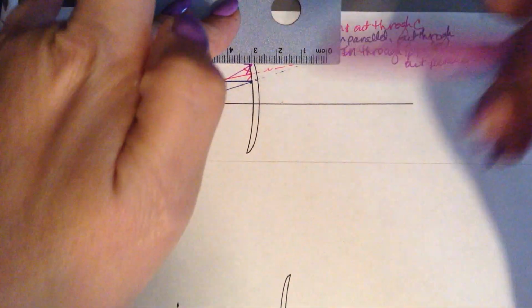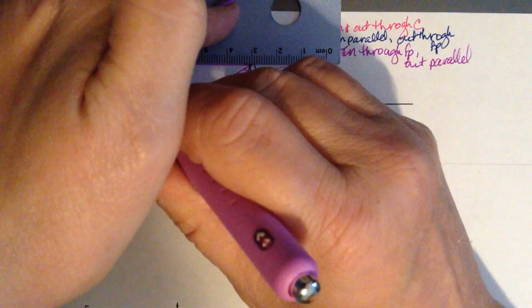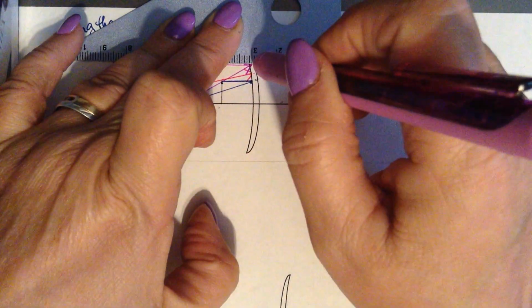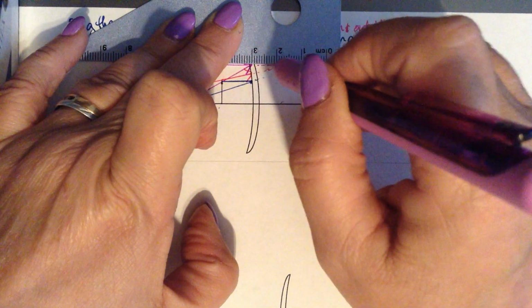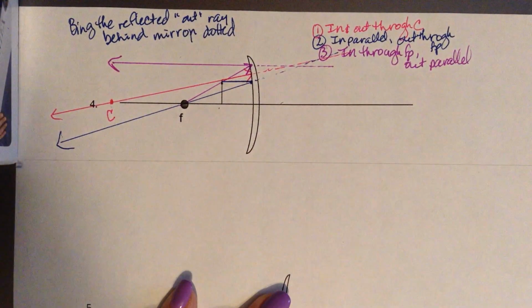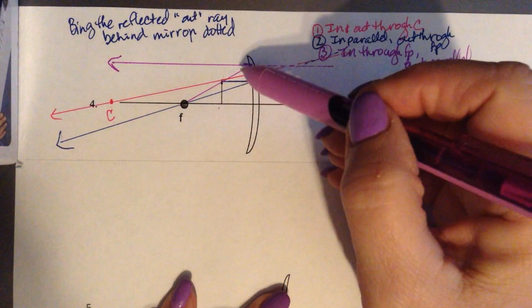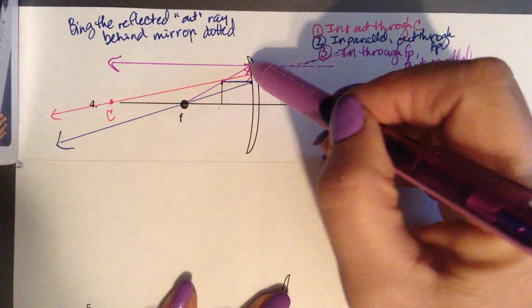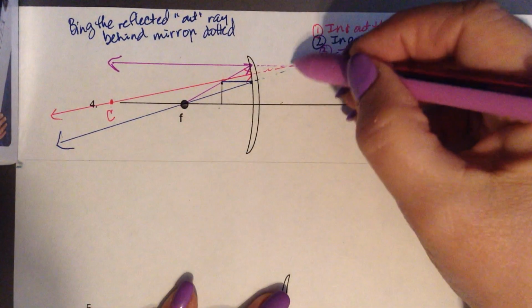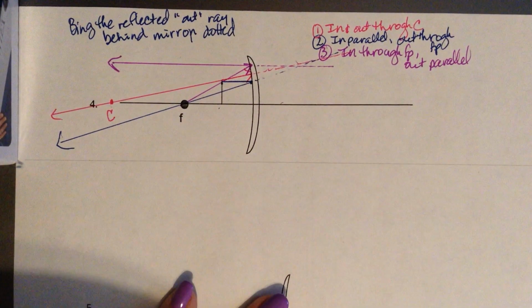That looks pretty parallel. And then we're going to bring that back dotted too. Only the out ray gets brought back dotted. So we went in through the focal point, stop when you hit the mirror, go out parallel. And see, they're all meeting up right here. So that's where our image is going to be.